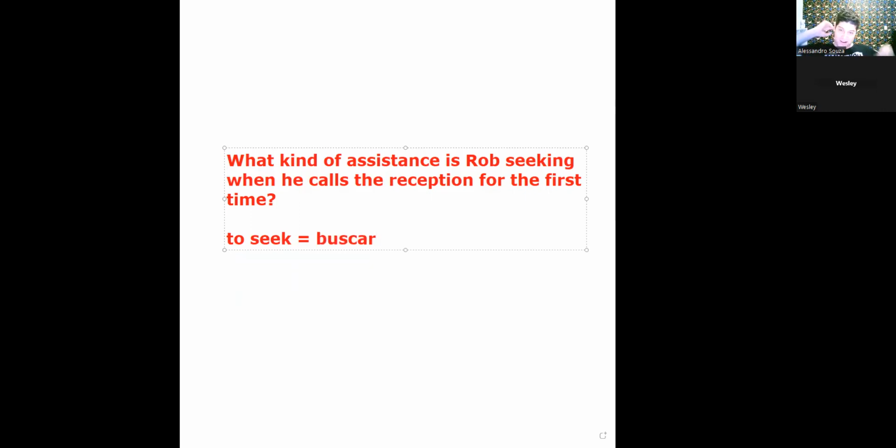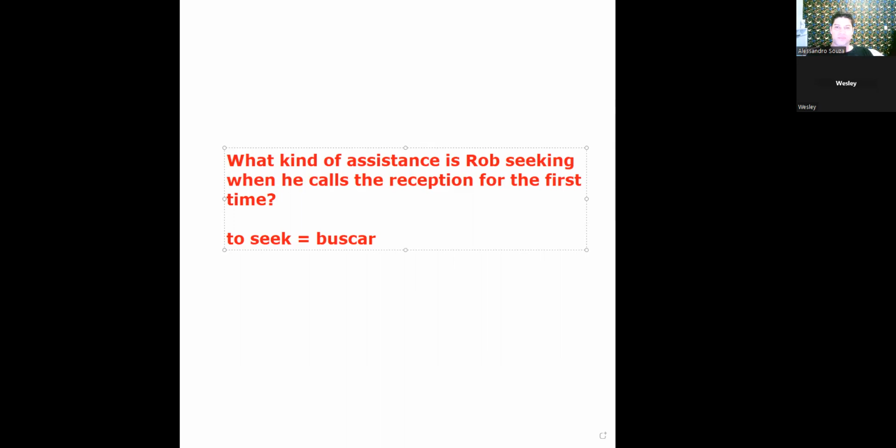Busca. In programming, seek is a pointer where we read a file, we put it in one position, then move to the next position, so we can read the file byte by byte. I didn't know that. Okay, so what kind of assistance is Rob seeking when he calls the reception for the first time? Not the second time, for the first time.